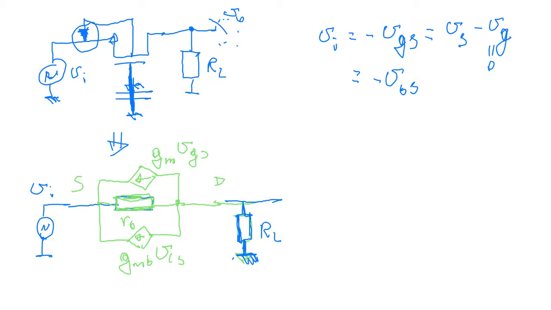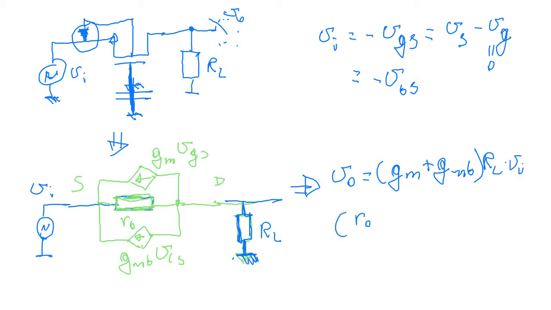Okay. So by replacing that here, it's obvious to see that the output is just (GM plus GMB) multiplied by RL by VI, when R0 is much bigger than the output.